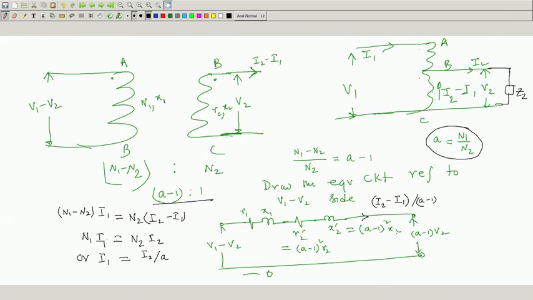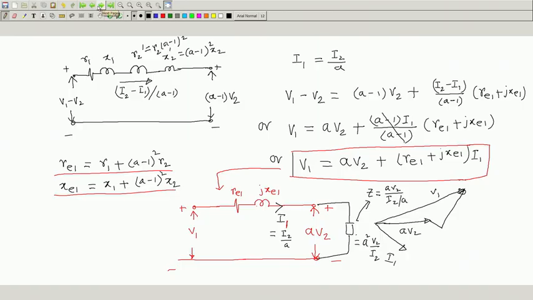Mind you, these two isolated currents are I2 minus I1 and I1. They must balance the MMF. The rules of a two winding transformer follow, but I2 minus I1 is not your load current. That is why that complication comes in.